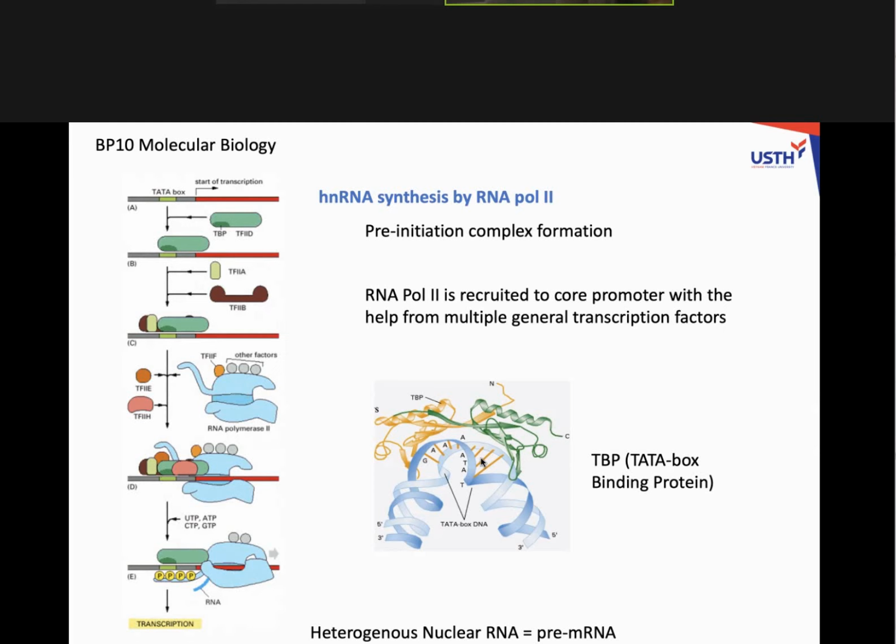This interaction is in the minor groove of DNA, not the major groove. Okay. So technically, we can say that it's TATA binding protein that is the first event in recognizing the core promoter sequence for pol2 genes.